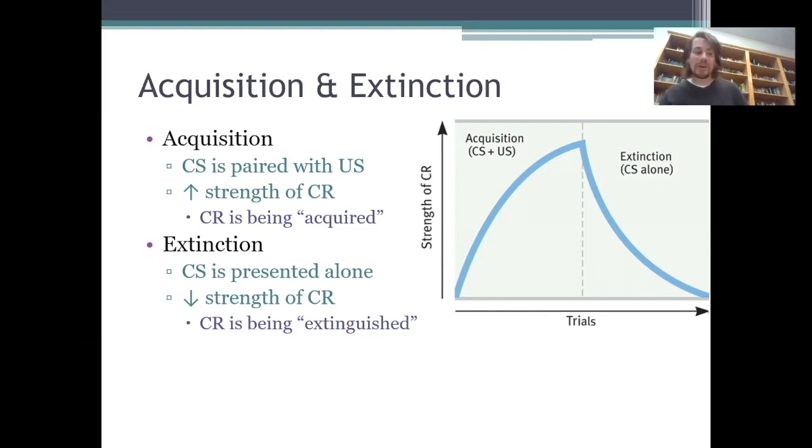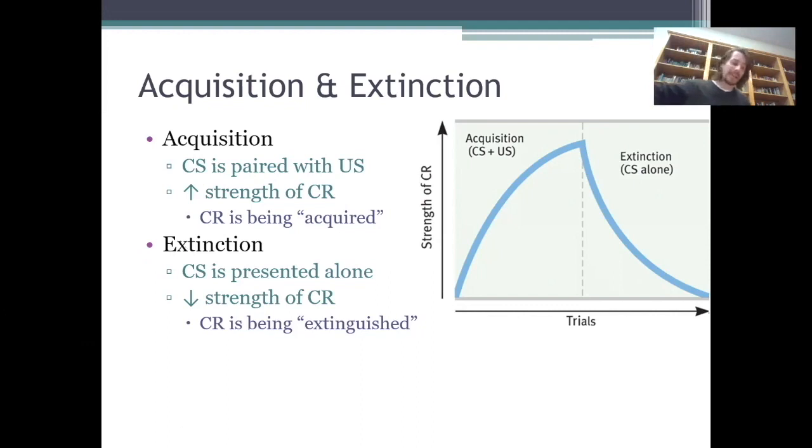So we actually saw one extinction trial, so to speak, in that video from earlier, right? When Jim played the computer sound all by itself with no Altoid afterward, he was presenting Dwight with the conditioned stimulus, but not the unconditioned stimulus, so we call that an extinction trial.